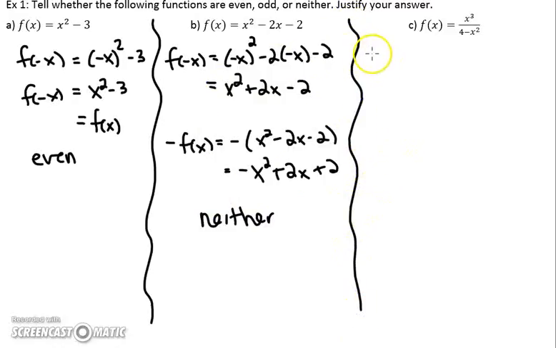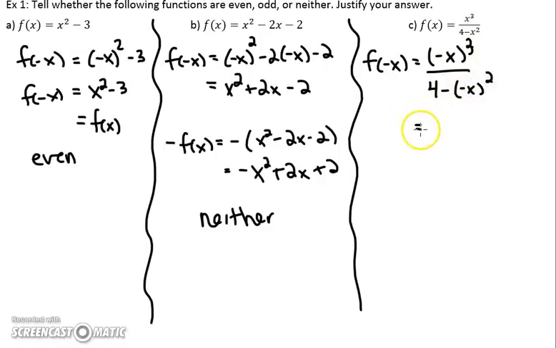And let's look at the last one. So f of negative x is going to be negative x to the third over 4 minus negative x squared. Negative x to the third is just negative x to the third, right?